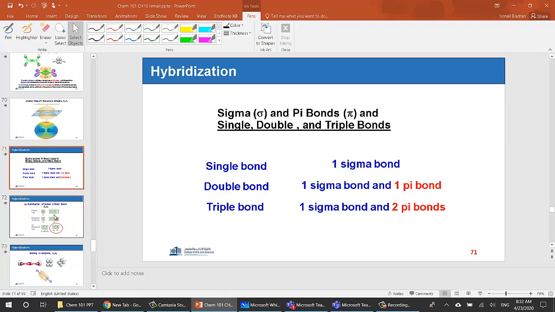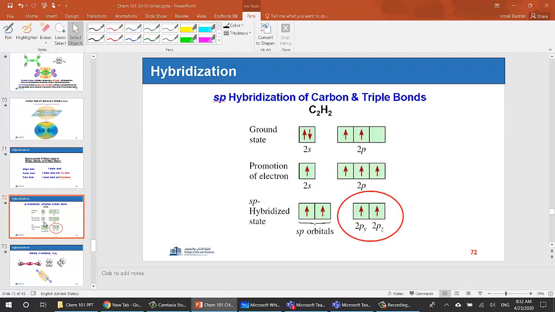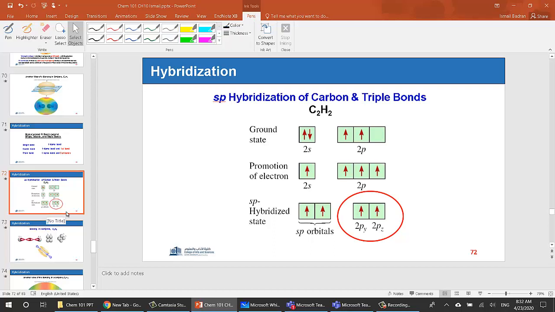Now you have one more, which is the hybridization in acetylene. Okay, C2H2 now. It's not C2H4, it's C2H2. Let's do this again. Carbon has 2s2p promotion. Now you have sp hybridization because it's linear, and the 2pz and 2px orbitals have one electron each.